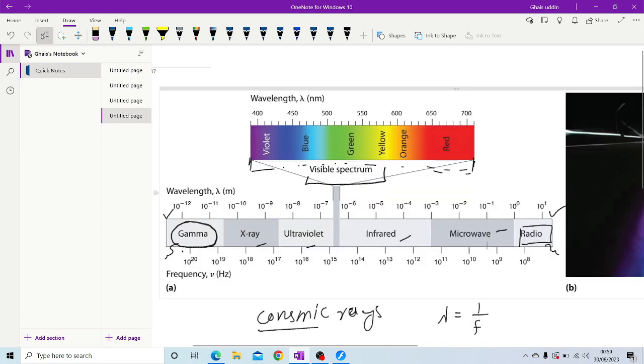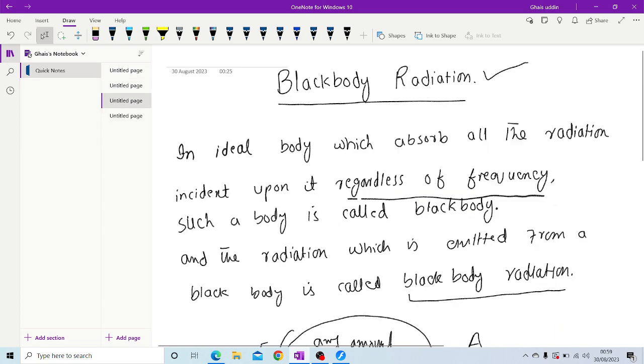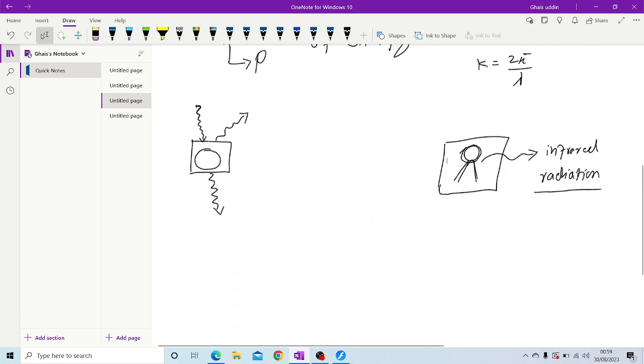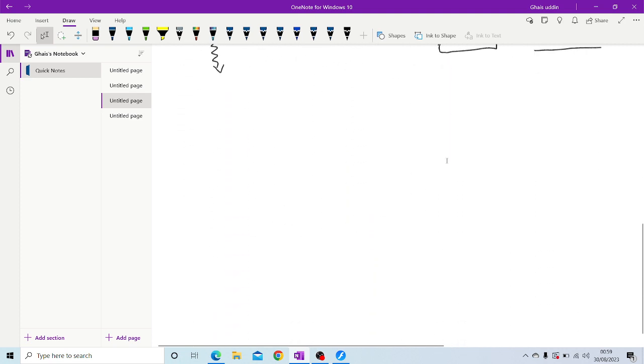The ability of a body to absorb all the radiation is related to its ability to emit that radiation too. So we can approximate this black body, because it is impossible to have one in real life.